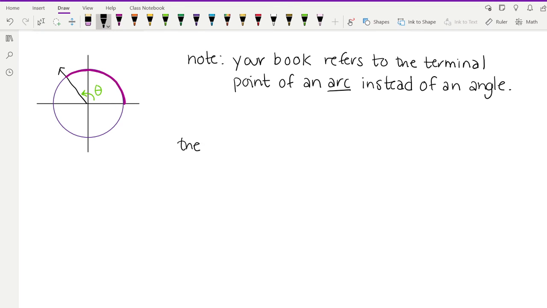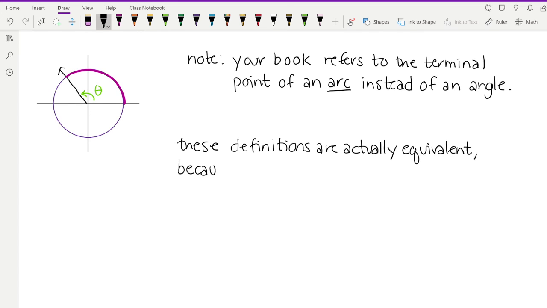So let me try to describe this in words, and then I'll show you mathematically what's going on. But these definitions are actually equivalent. Because when you're in the unit circle, the unit circle has a radius of 1, and so if we apply the arc length formula, we'll see that the length of the arc is actually the same as the angle.